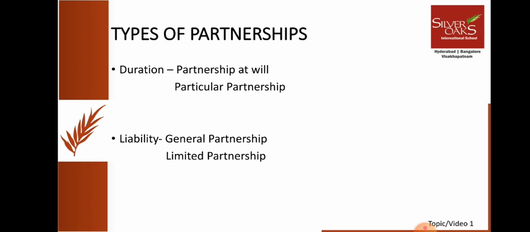Then on the basis of liability, general partnership is of unlimited liability, meaning if the assets of the firm are not enough, then all the partners will have to give up their personal properties to settle the creditors' claims. Then coming to limited liability, the liability of the partners will be limited, except for one particular partner, to the extent of their share.